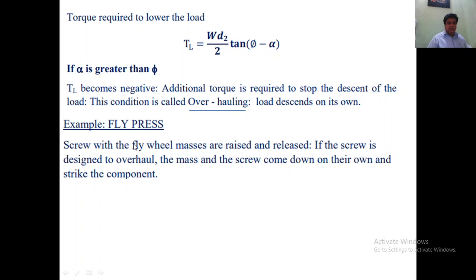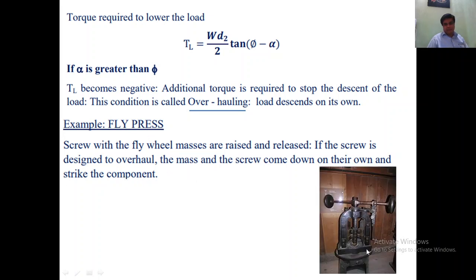In the fly press screw, the weights or masses are raised and released to apply force on the job or workpiece. If the screw is designed for overhauling, the mass and the screw rotate and the mass comes down on its own and strikes the component or the paper sheets which have to be pressed.